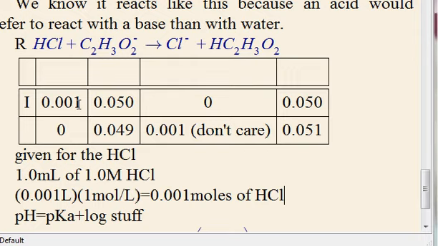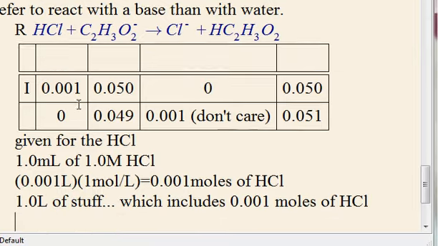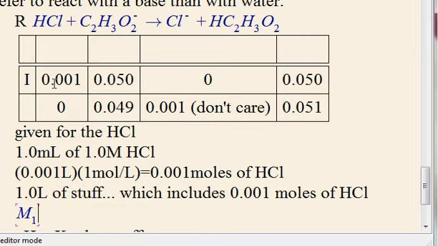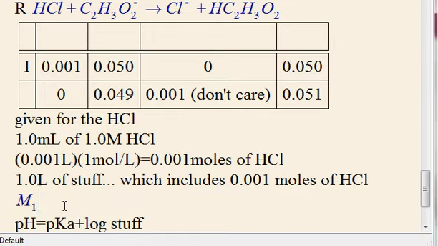So when you mix that in, now it's 1 liter of stuff, which includes 0.001 moles of HCl. More formally you can do the dilution equation if you want, or you can just say, okay, it's 0.001. But if you did really want to do the dilution equation, it would look like this.